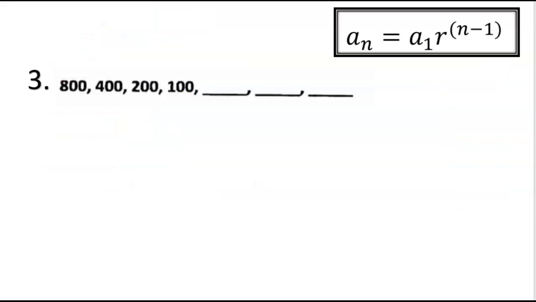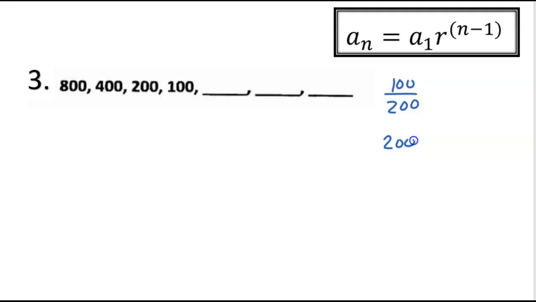So on this next pattern, how do we figure out the multiplier? Well, if the multiplier is not obvious, the way you figure out the multiplier is you take the number and divide by the number in front of it.